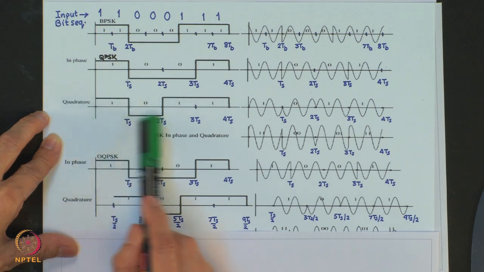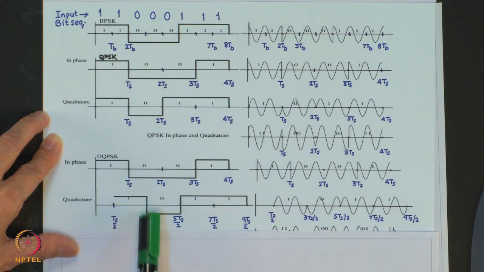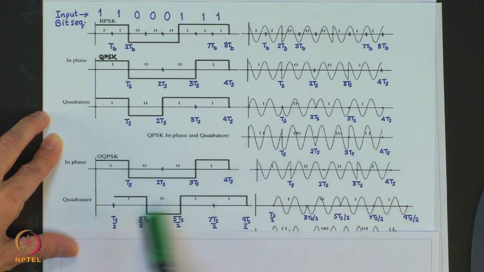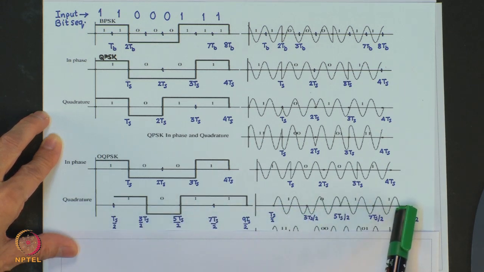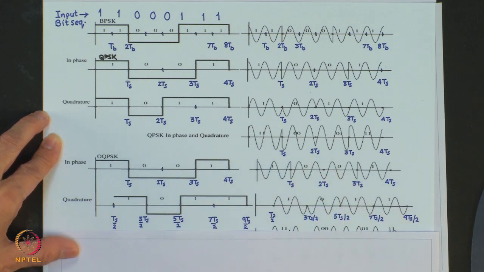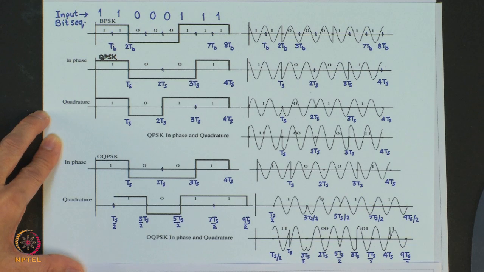So, this portion out here is shifted to the right, and then this signal modulates cos 2 pi fct, and this signal modulates sin 2 pi fct, and the sum of these two modulated waveforms gives us what is known as offset QPSK.